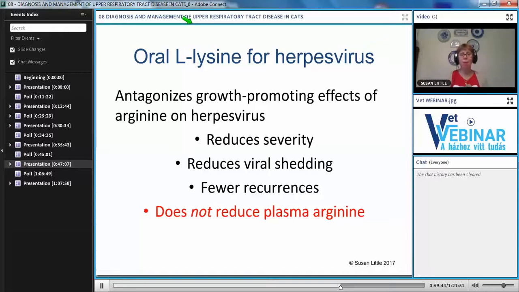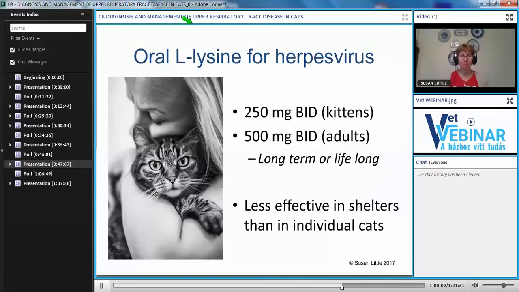So the cat's plasma arginine levels stay adequate, but it reduces it just enough that it knocks back the virus's ability to replicate. So we do see reduced shedding, reduced severity of disease, and because these cats can reactivate and have clinical signs again in the future, we see fewer recurrences with patients that are on lysine.